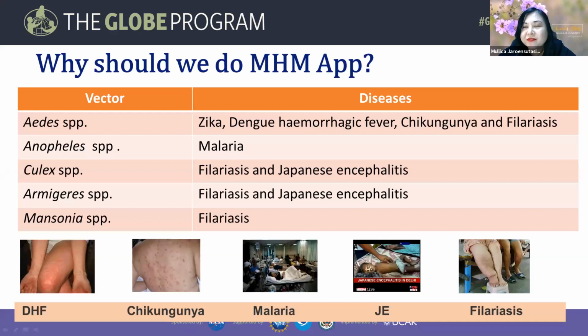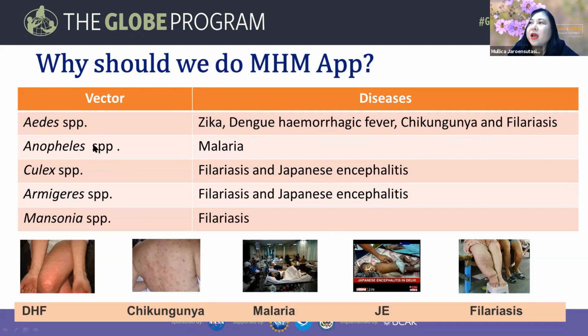Mosquitoes do have different types or species, and each species carries specific diseases. For example, the one that affects many people in many areas is Aedes. Aedes species carry Zika, dengue, chikungunya, and filariasis.